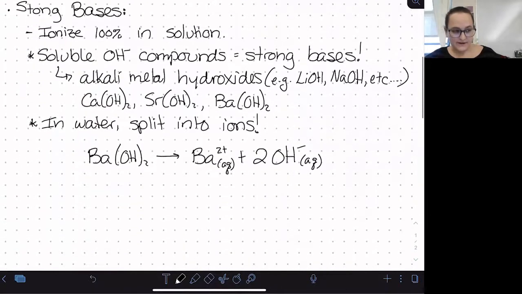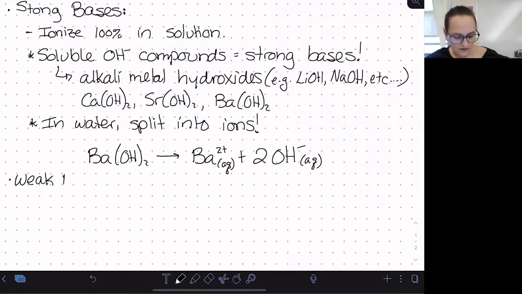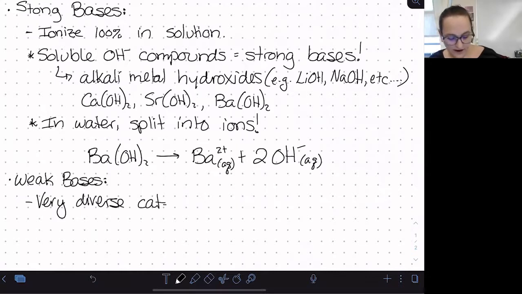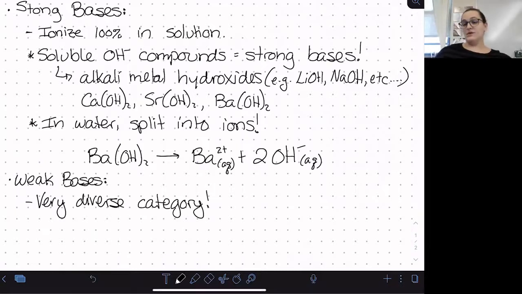The weak bases are a very diverse category. So they can be tricky to identify, and we will talk more about it as we go through this unit. For now, you can assume that if it doesn't fit one of the other categories, it is probably a weak base.